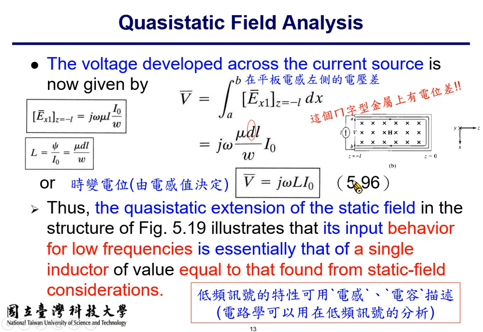We observe an electrical field built up within this structure. So this is the first order approximation in the time domain. It's referred to as the quasi-static approximation or quasi-static field analysis.